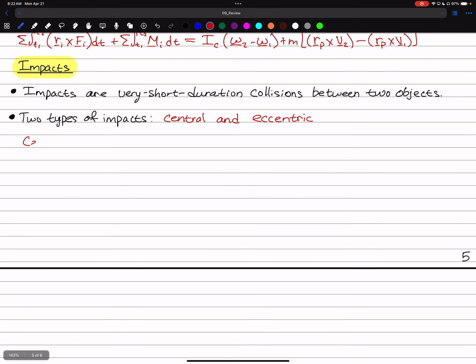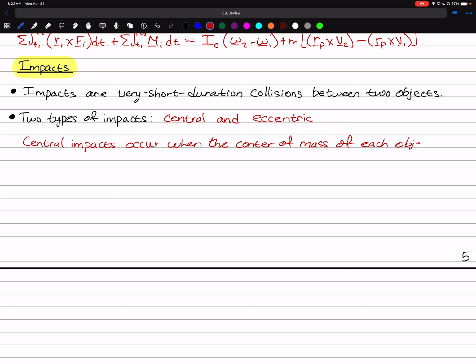And we can say that central impacts occur when the center of mass of each object lies on the line of impact.